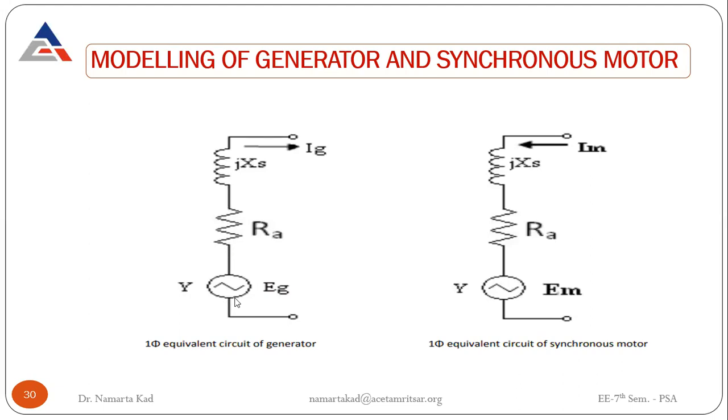And similarly for the motor also, one voltage source in series with resistance and reactance. The current is given by the generator, whereas the motor can withdraw the current, receive the current.